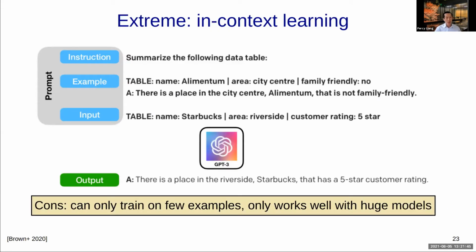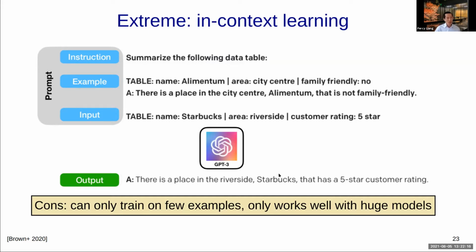In the extreme limit, we have in-context learning, which is a capability that GPT-3 has. The idea of in-context learning is you capture your task via some instruction, you give a very few examples, and then you provide the input, and you concatenate those into an input into the language model, and the language model produces the answer, or you hope it produces the answer.